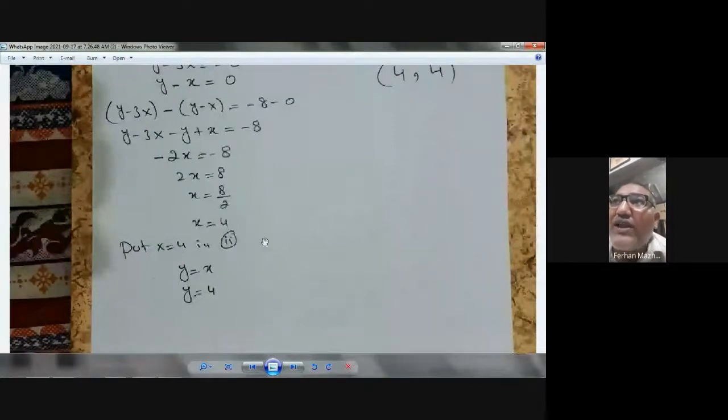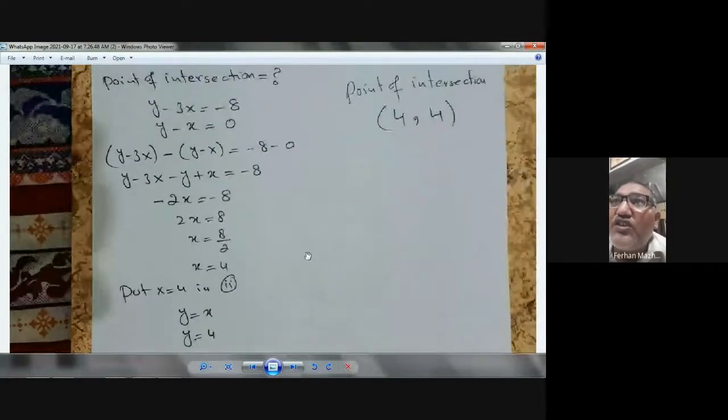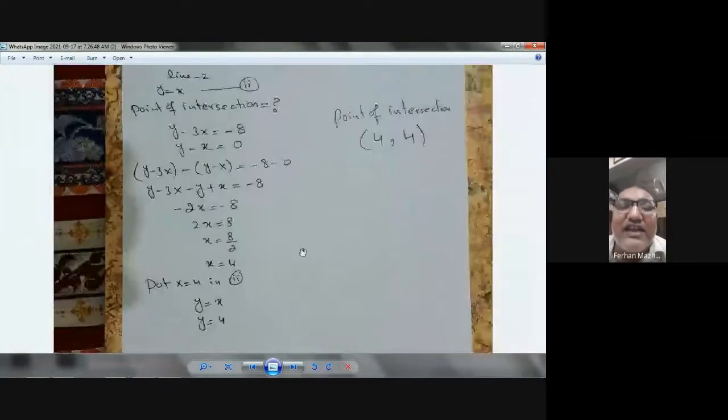Now I got the value of x, that is 4. I will put x equals 4 in my second equation. You can also put it into the first equation; there will be no problem finding the value of y. The second equation is y equals x, and in the place of x I will substitute 4. So the value of y will also be 4.